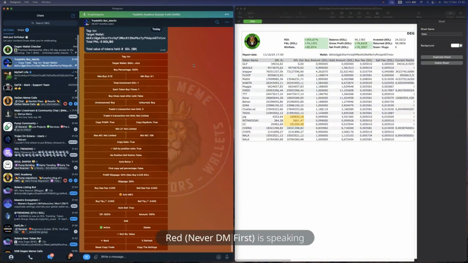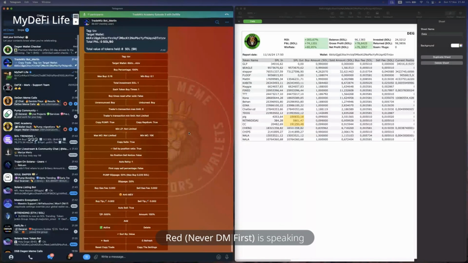Okay, thanks. I think we had a pretty deep tutorial about both your wallet vault and also TradeWiz, especially the settings. Keep in mind that the settings can vary depending on the wallet you choose.